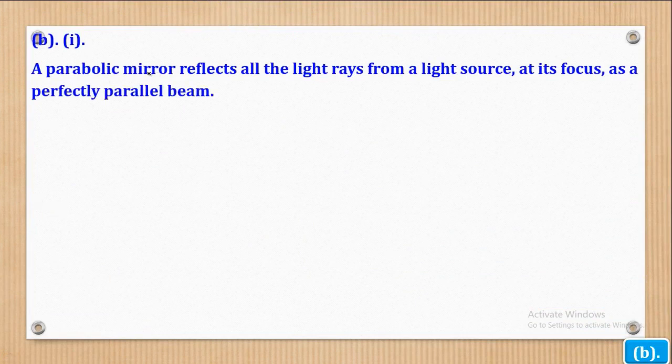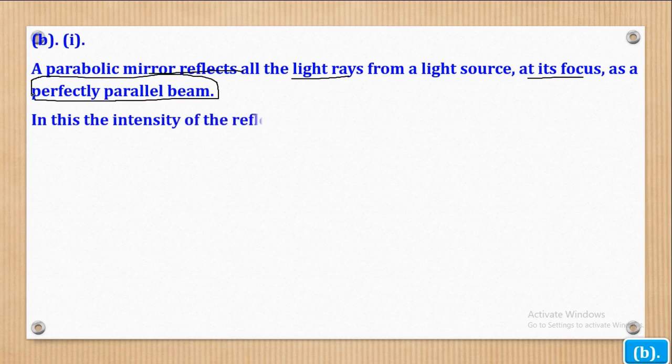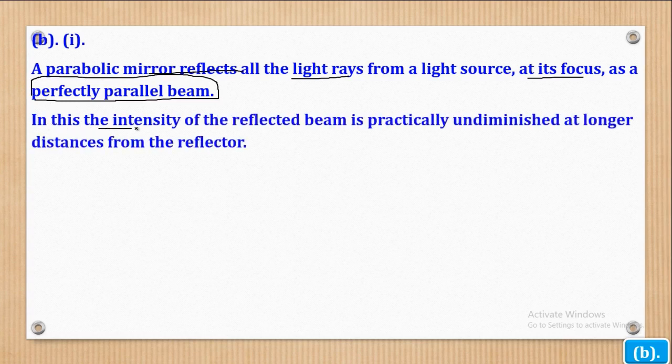So a parabolic mirror reflects all the light rays from a light source at its focus as a perfectly parallel beam. Know that word, perfectly parallel beam. So what does that mean? It means that the intensity of the reflected beam is practically undiminished at longer distances from the reflector.